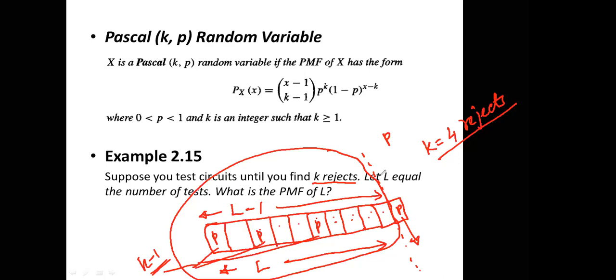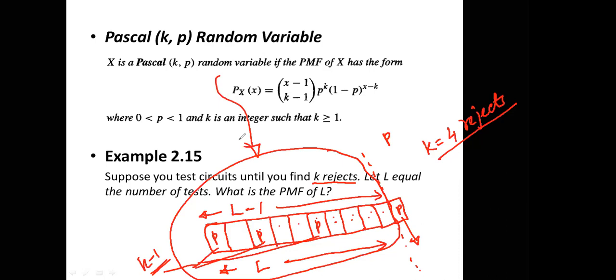So this one is similar to the binomial case. Can we say that this is one kind of binomial random variable? Out of L minus 1, I have K minus 1 rejects.